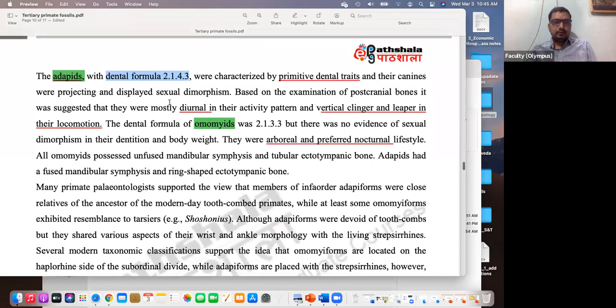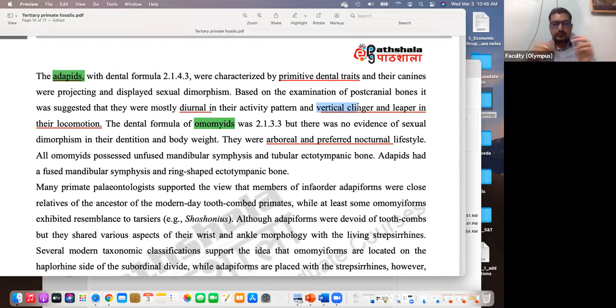And Adapids mostly contained diurnal, daytime-active creatures, with a pattern of activity like vertical clinging and leaping. In the locomotory behavior we talked about yesterday, vertical clinging and leaping behavior can be predicted from the skeletal parts.